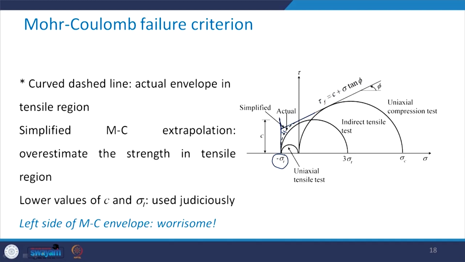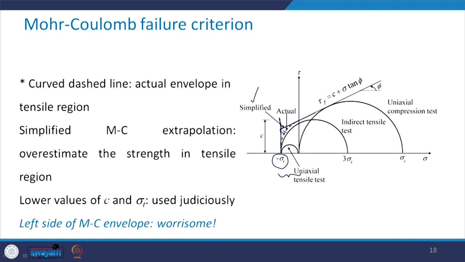So, the actual one is this dotted one and the simplified one is this one. From the figure itself, it is clear that the simplified Mohr-Coulomb extrapolation overestimates the strength in the tensile region, that is this region.